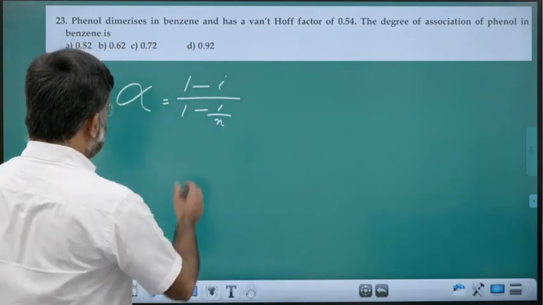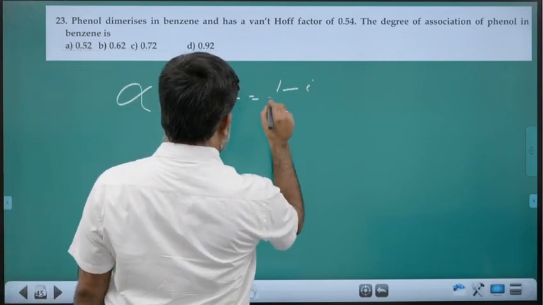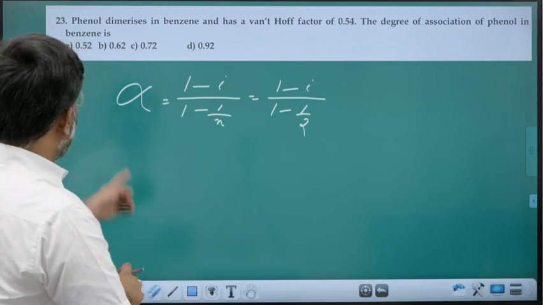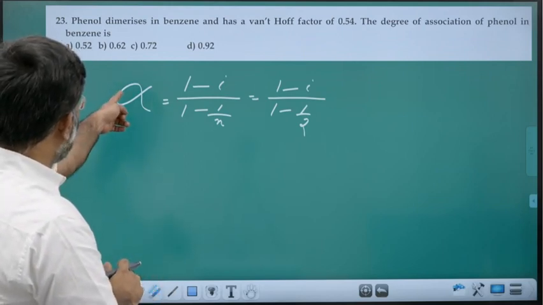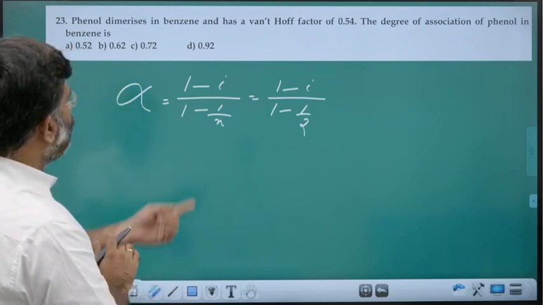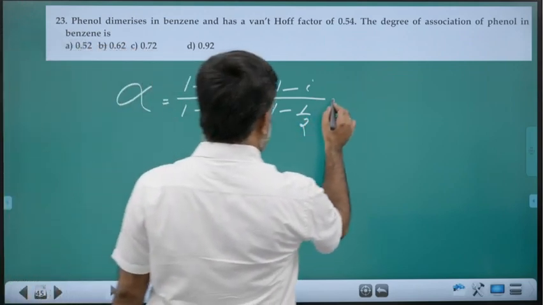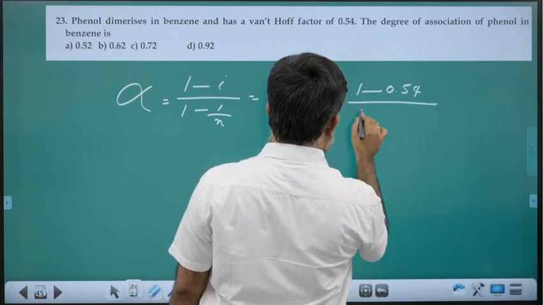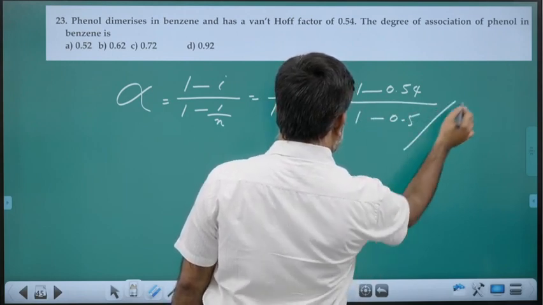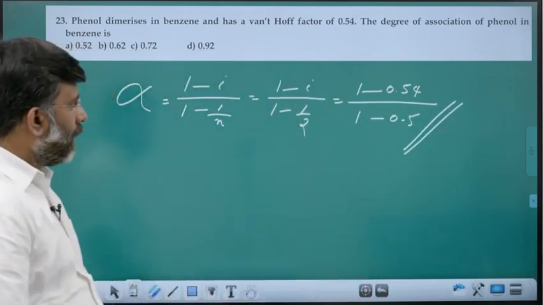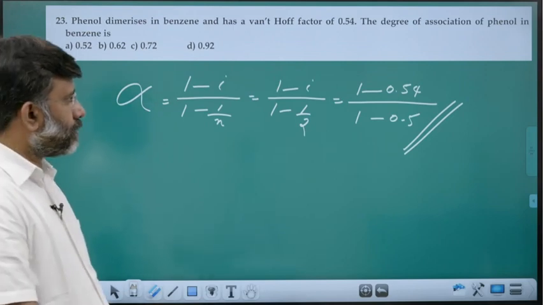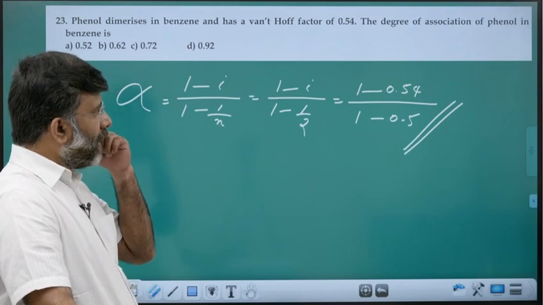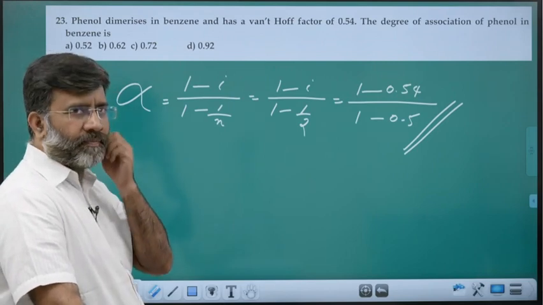So we want to find alpha, van't Hoff factor given 0.54. So it is (1 minus 0.54) divided by (1 minus 0.5). That is alpha.